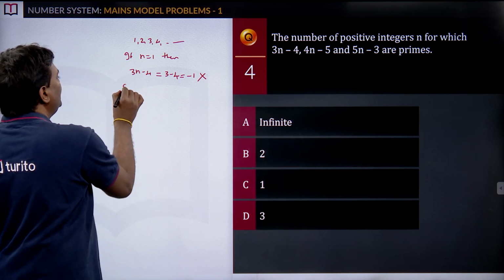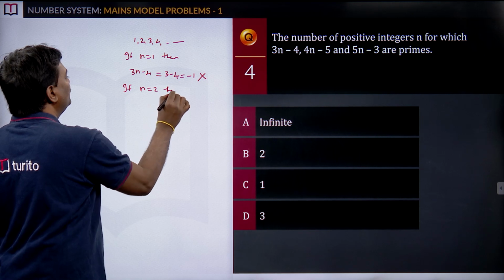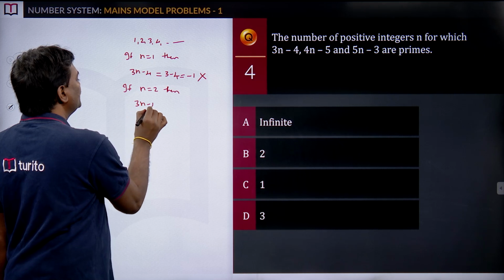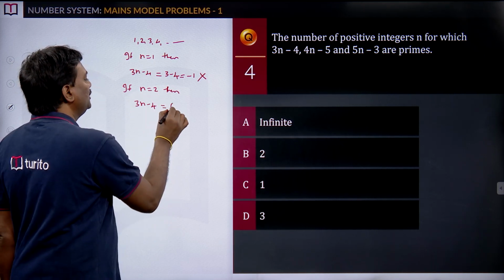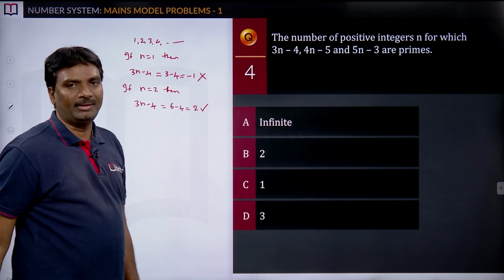So, if you take n equal to 2, then 3n minus 4 equal to, in place of n if you take 2, 3 times 2 is 6, minus 4 equal to 2, this is a prime number.